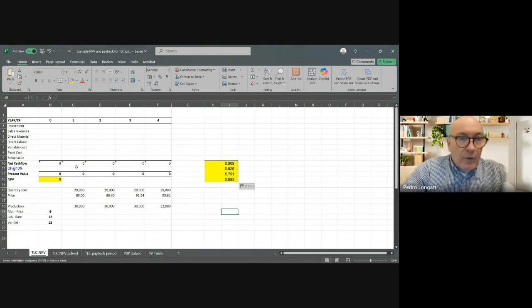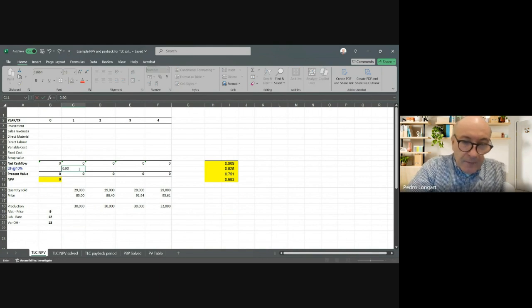Okay, so for year 1, it's going to be 0.909. For year 2, it's going to be 0.826. For year 3 is 0.751. And for year 4 is going to be 0.683.